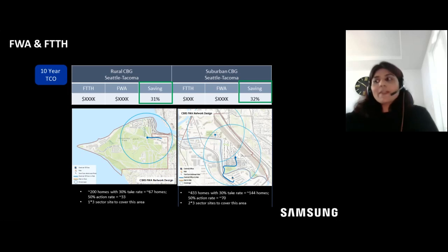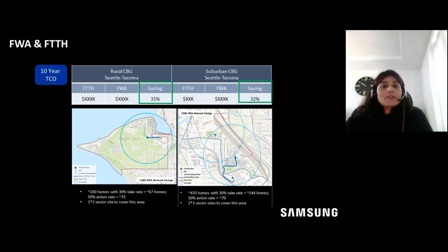In our previous webinar, we discussed the importance of last mile access with FWA and why FWA is relevant for the hybrid approach of FWA plus fiber. To double down on that approach, we did a 10-year TCO study on both a rural and a suburban CBG in the Seattle area, and we estimated the savings with FWA over fiber.